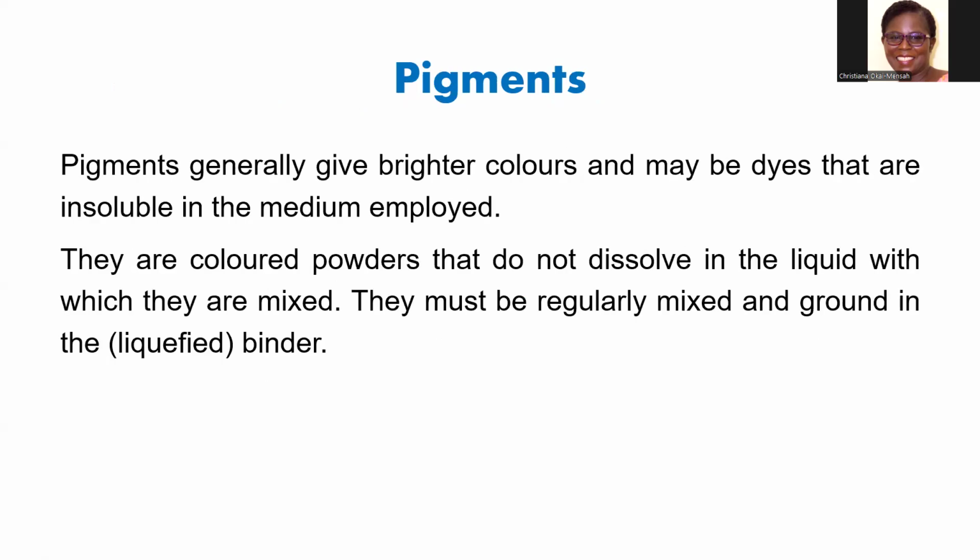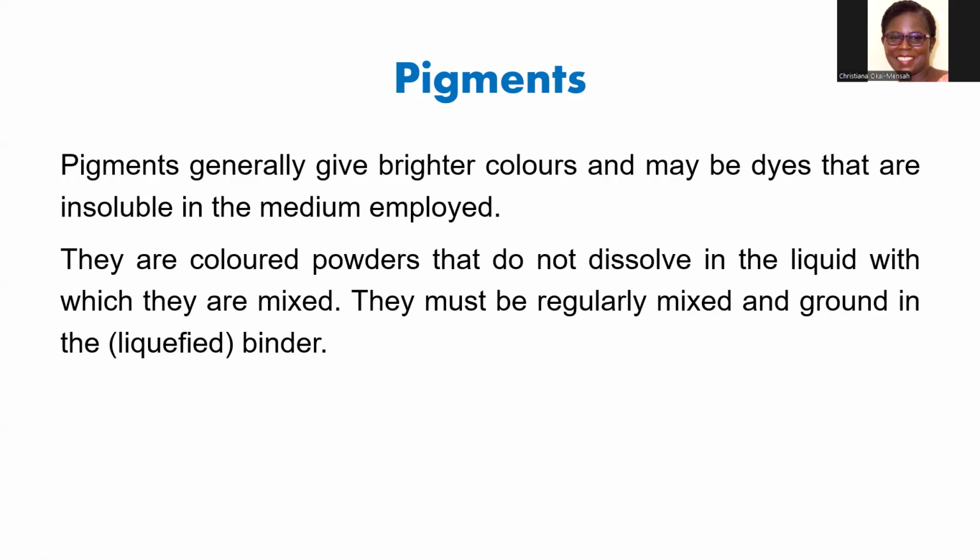So pigments, on the other hand, give brighter colors and may be dyes that are insoluble in the medium employed. But with dyes, they are supposed to be reduced to soluble before the fabric will absorb it. But the pigment, the insoluble one, the fabric can absorb.